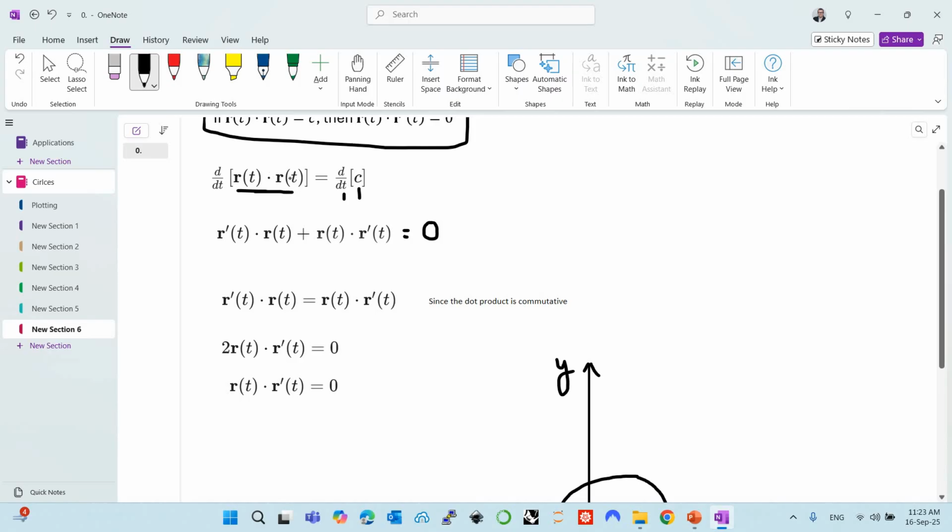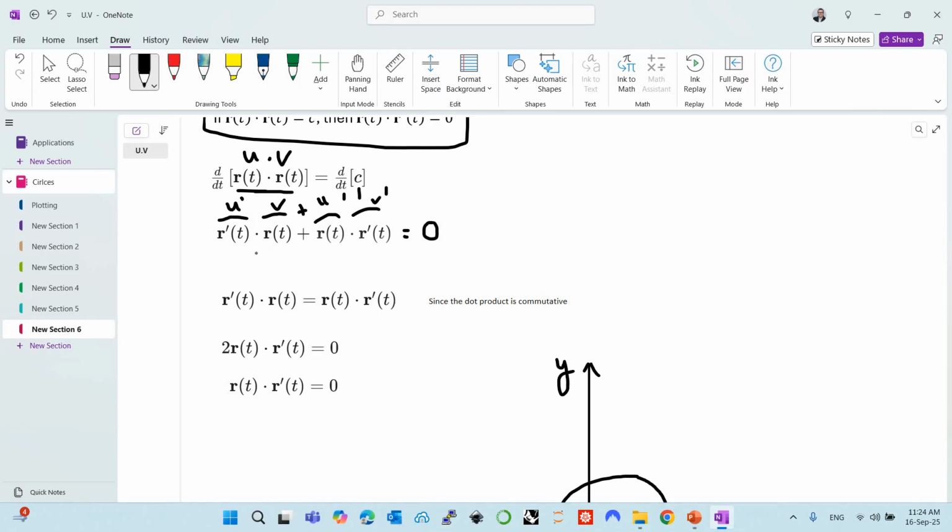Again, the derivative of u dot v will give you u prime v plus v prime u. This is the formula whenever you have the derivative of u and v.